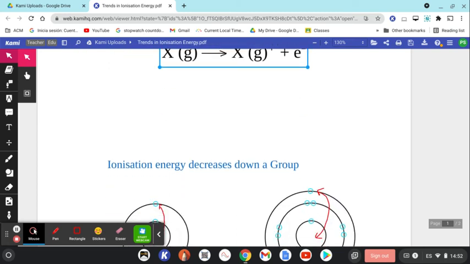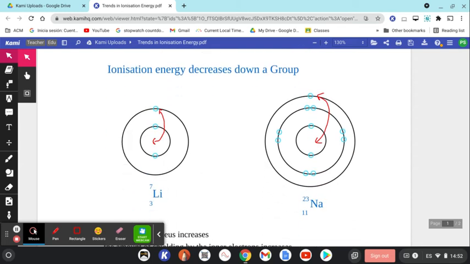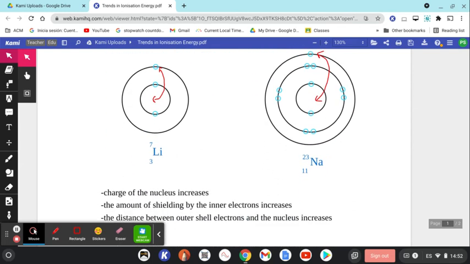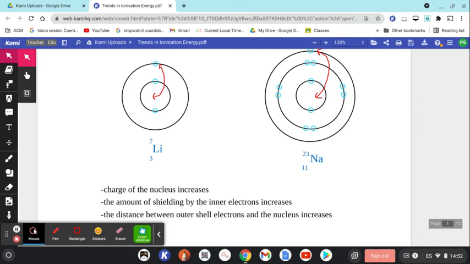Now, what is the trend down the group? Ionization energy decreases down a group, and there are various reasons for this. Here we've got 2 elements in group 1, lithium and sodium. Now, the first bullet point here is actually contradictory to saying that the ionization energy decreases down the group.